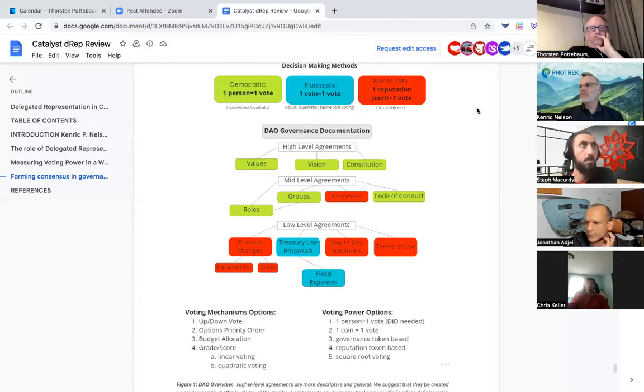We don't need to use only one system, such as plutocratic one coin, one vote, or just liquid democracy.